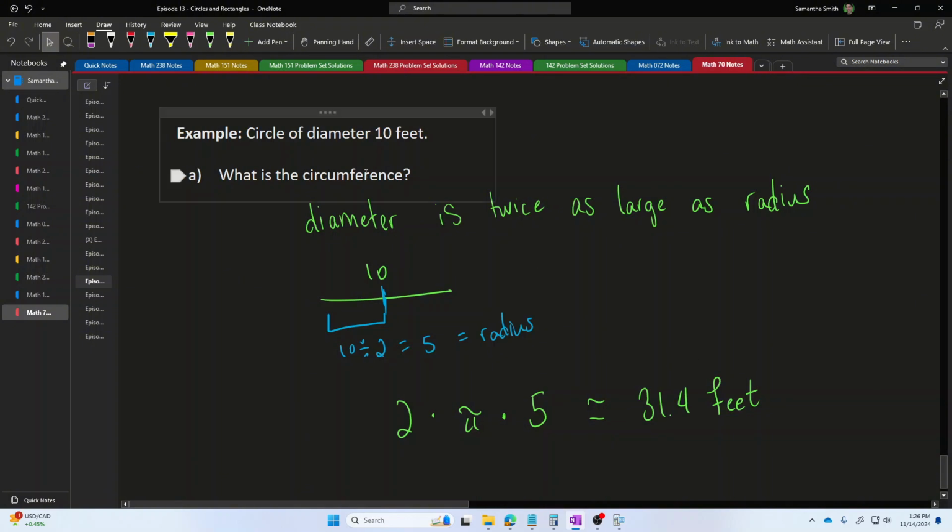Regular feet, because circumference is just the distance around the outside of the circle, and distances are measured in regular units like inches, feet, miles, meters.